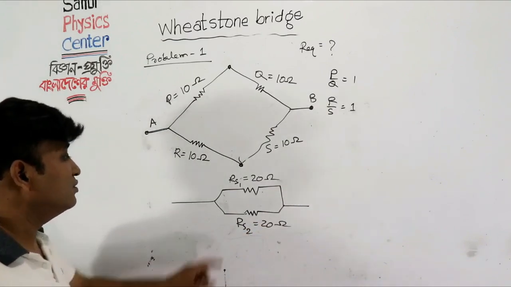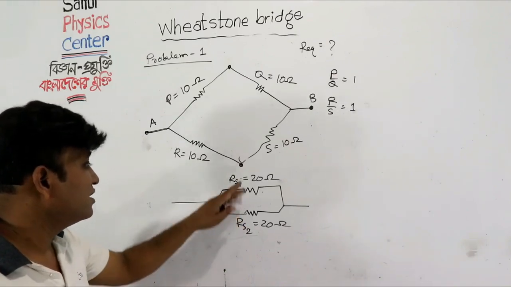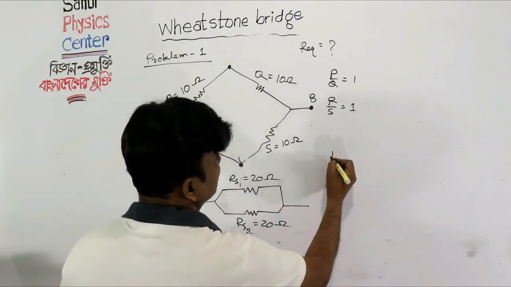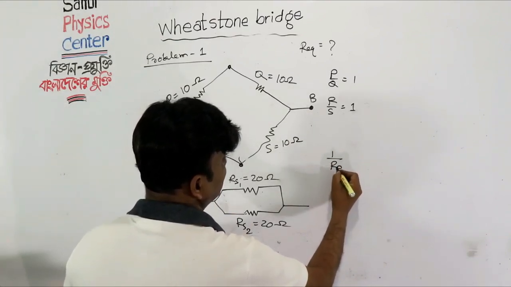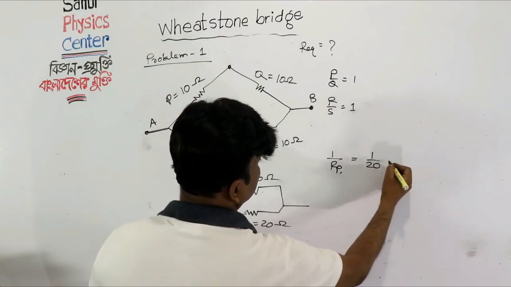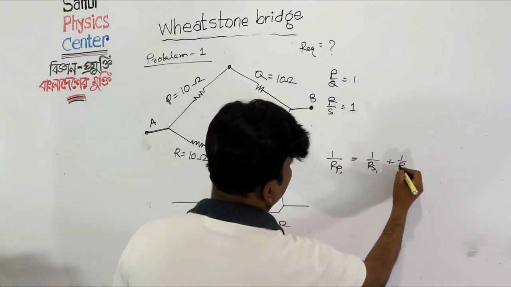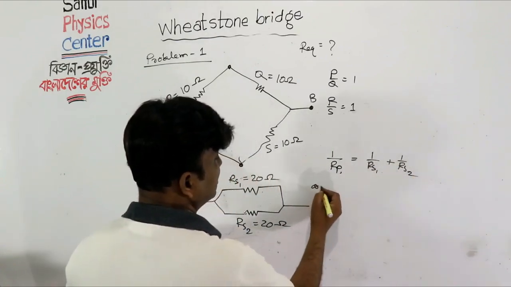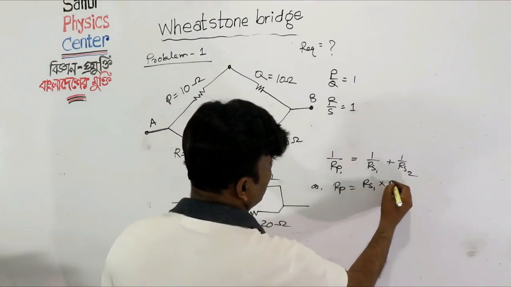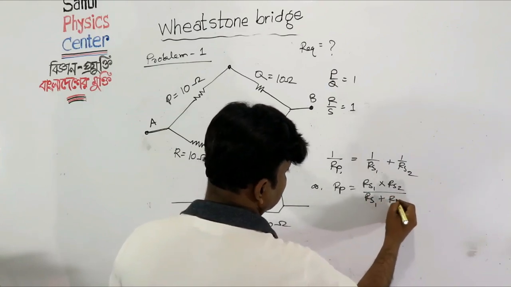Now these two resistances are connected in parallel, therefore 1 by Rp equals 1 by Rs1 plus 1 by Rs2, or Rp equals Rs1 into Rs2 divided by Rs1 plus Rs2.